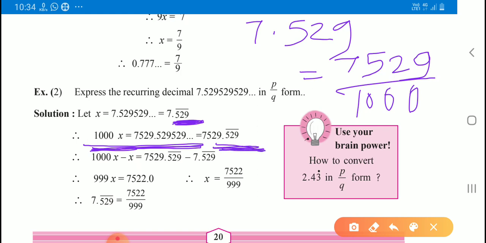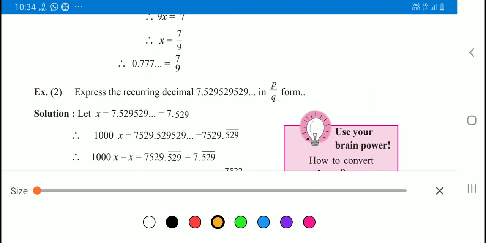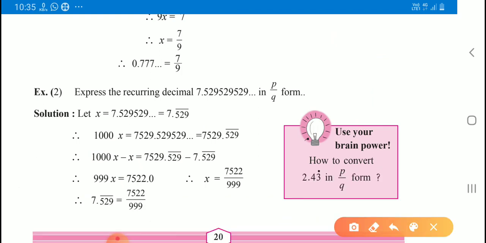7529.529 recurring. Now we will subtract x from both sides of the equation. Then you will get 1000x minus x is equal to 7529.529 recurring minus 7.529 recurring.